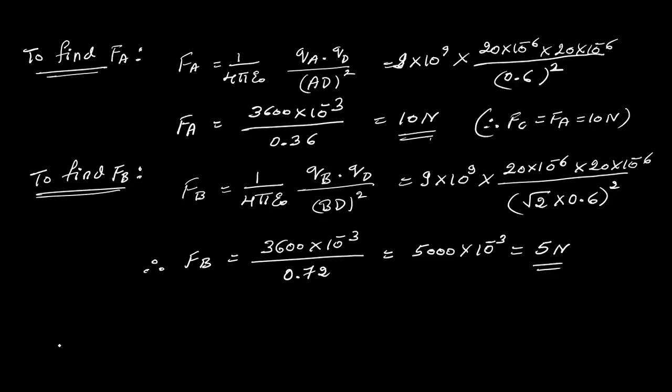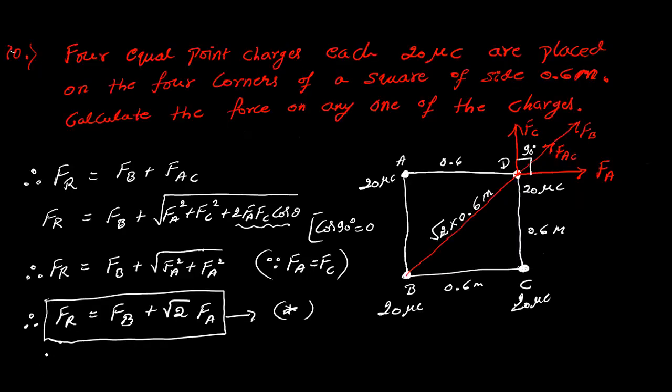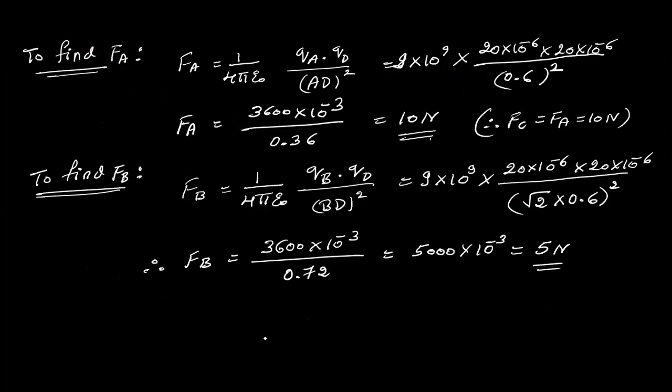Now substitute into the resultant formula: FR is equal to FB plus root 2 FA. Let it be equation 1. So the F resultant is equal to FB plus root 2 times FA, which is 5 Newton plus root 2 into 10 Newton.